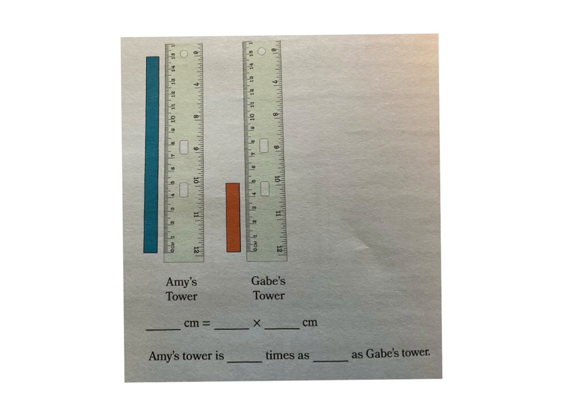So we need to figure out how Amy's tower is blank times as many as Gabe's tower. Amy's tower was 15 centimeters. Gabe's tower was 5. So we want to know how many times as long Amy's tower was than Gabe's tower. Now, if we do the inverse operation, we do 15 divided by 5. We need to think, 5 times what gives us 15?